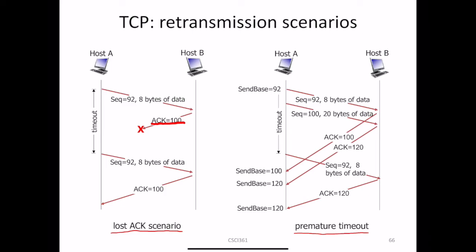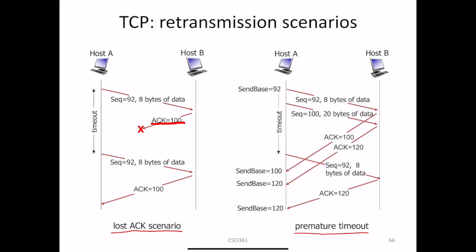However, before the ACK arrives at host A, the timeout is already triggered because the timeout was set too short. Then when the timeout happens, host A will do a retransmission. As we already talked about several times, the consequence of a premature timeout is a retransmission.